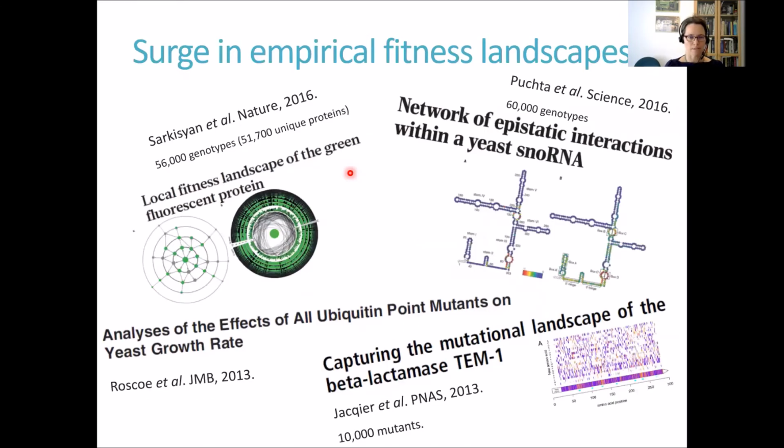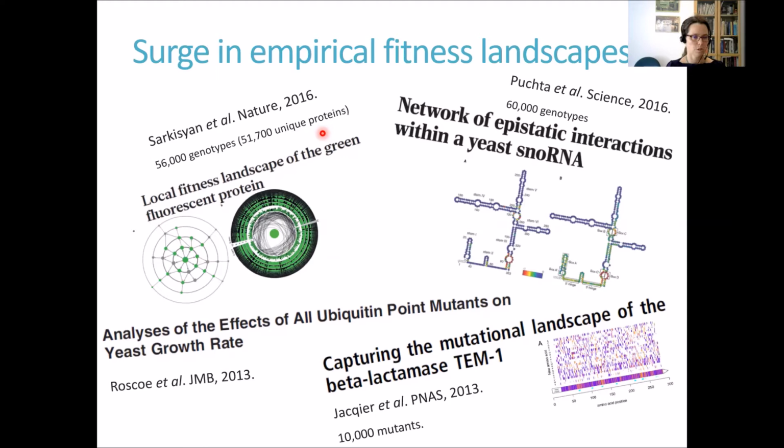So the recent advances in experimental techniques, and in particular in mass sequencing, now enable the measurement of larger and larger empirical fitness landscapes, going way beyond the 16 different genotypes that I've shown you. So we see in recent years experiments that reach tens of thousands, or getting even close to 10 to the 5th different genotypes.